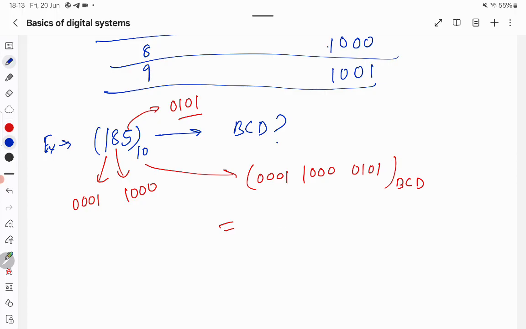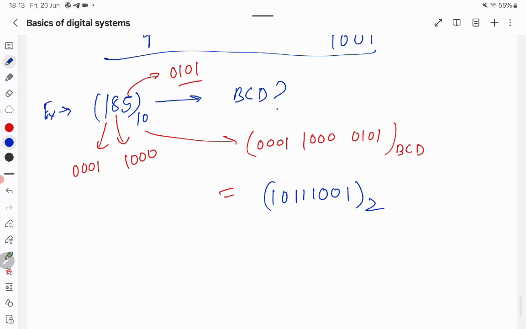Binary will be 1 0 1 1 1 0 0 1 base 2. This will be the binary. How will you do the binary? As I said, you write 185: 1 is written as 1, 8 as 1 0 0 0, and 5 as 1 0 1.